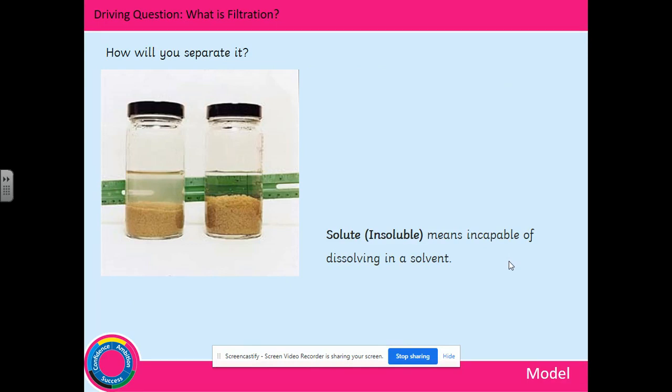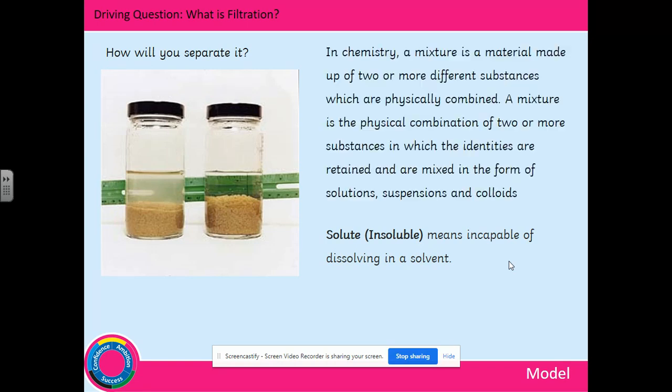Now, let's look at this. Let's say that we have this mixture of sand and water. How would we separate the mixture? Now, in chemistry, a mixture is a material made up of two or more different substances which are physically combined.